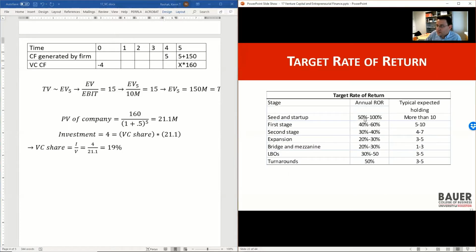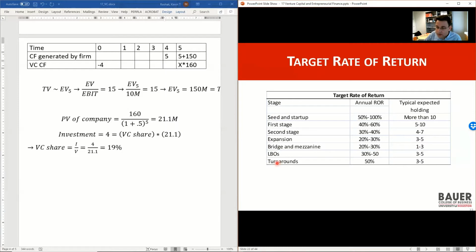These are some sample hurdle rates that VCs use. It depends on the stage of the company. So seed and startup stage, those are very early on, before VC financing even. First stage, that's the first round of VC financing. Second stage is the second round. And then these later stages are more mature companies.